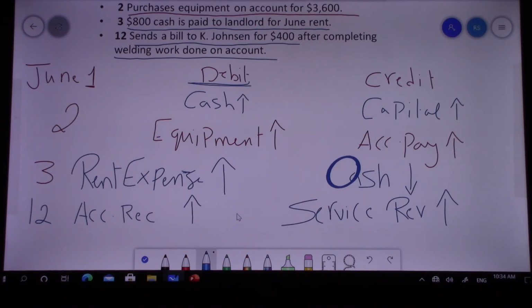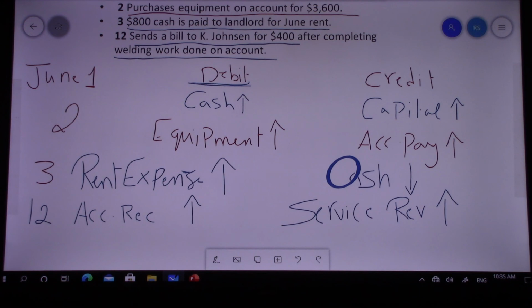So again, it is very important to memorize the credit and debit rules, and we have stated before that assets increase in the left-hand side and decrease in the credit side. Liabilities and owner's equity, both of them will increase in the credit side and decrease in the debit side.